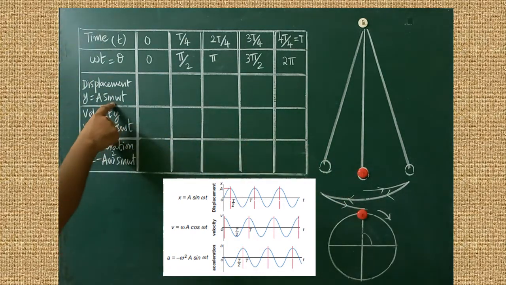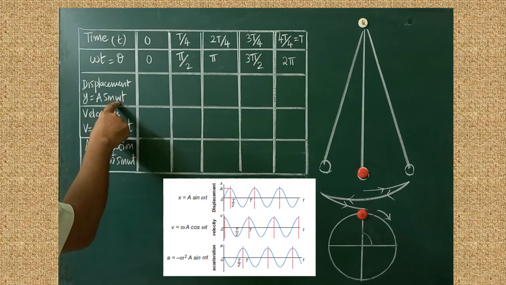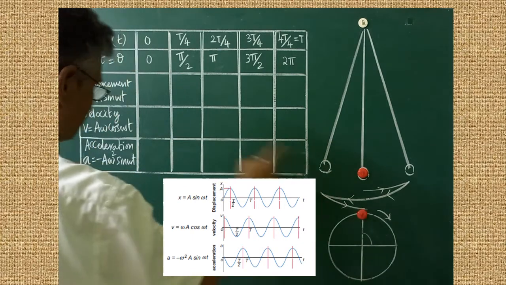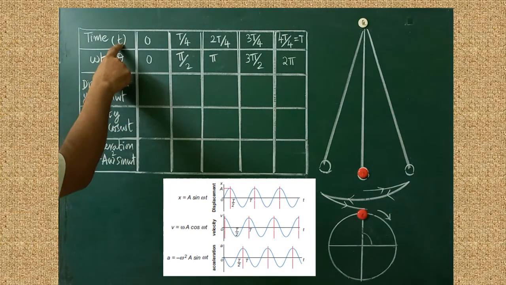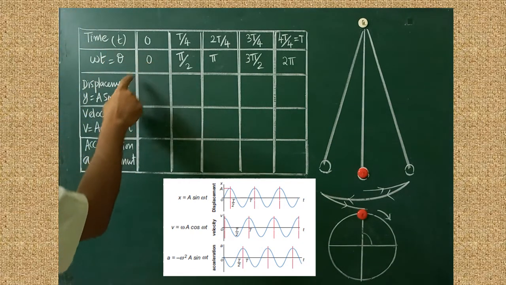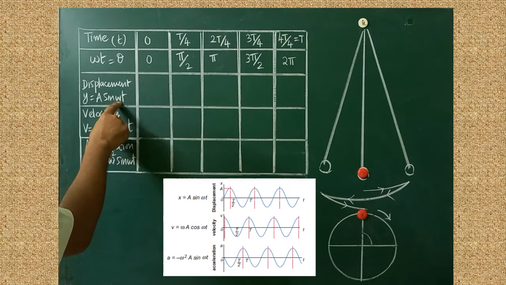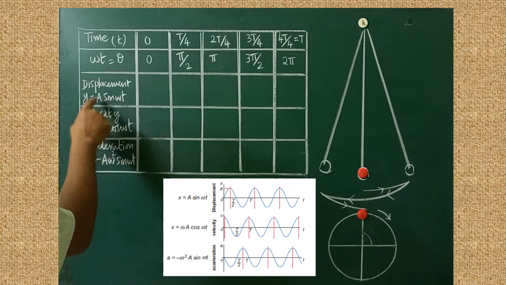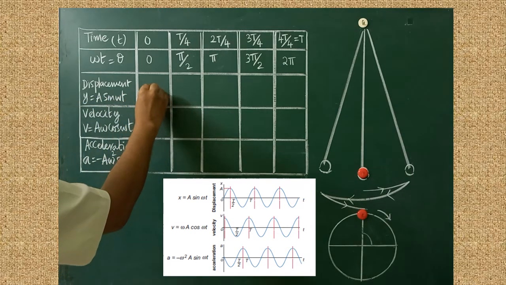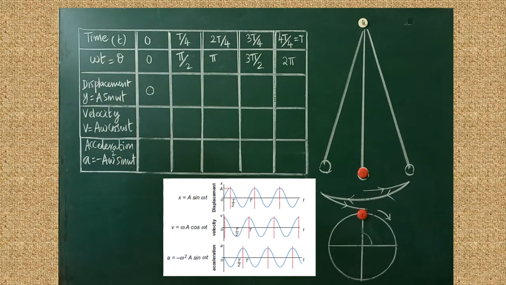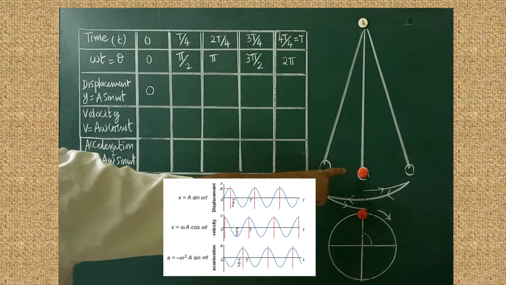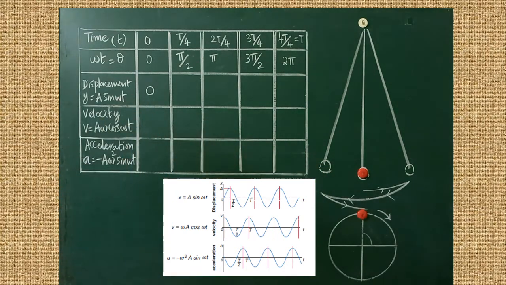Instead of omega t, that is angular displacement, it is 0. With respect to this diagram, angular displacement is 0 and the time t is also 0. When omega t is 0, sin 0 is 0, therefore displacement will be 0. Here when the pendulum is at rest, the displacement will be 0.